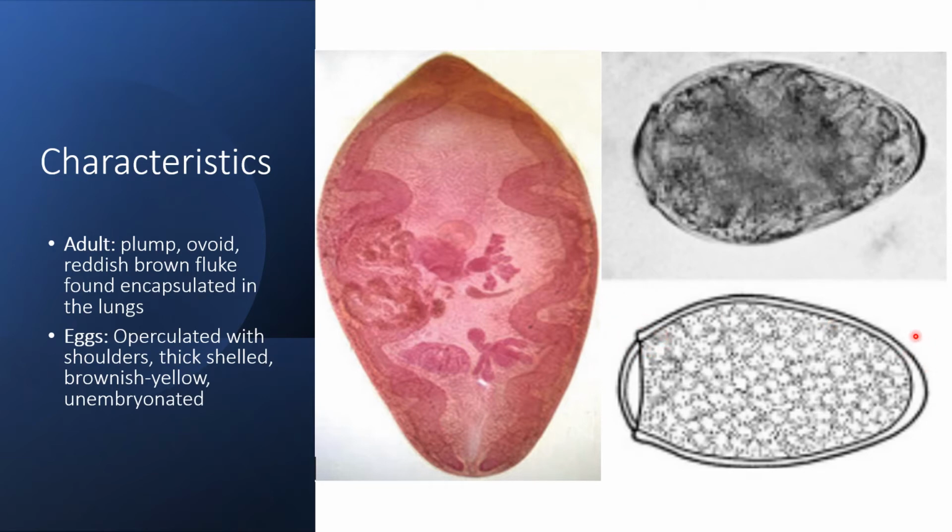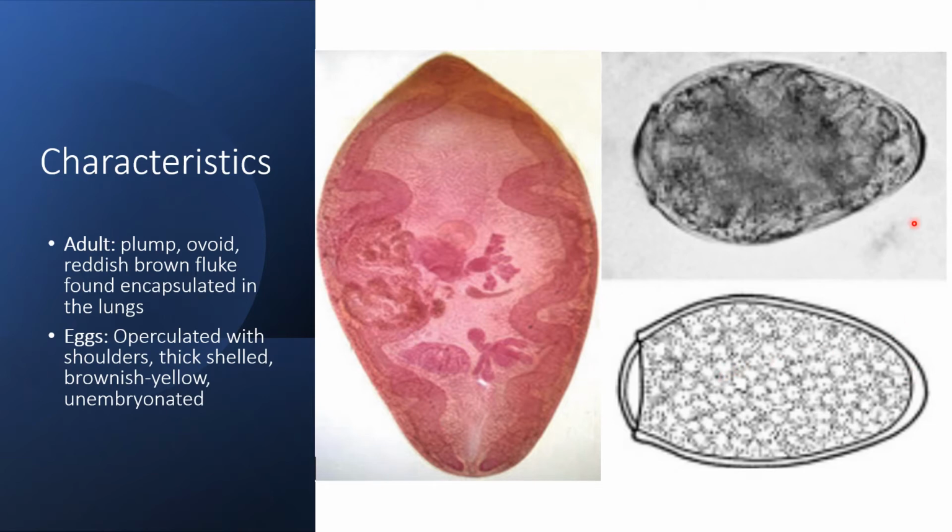Take note that at the abopercular end, opposite the operculum, the egg shows a thickened shell, a thickened part here. For D. latum, it has an abopercular knob.